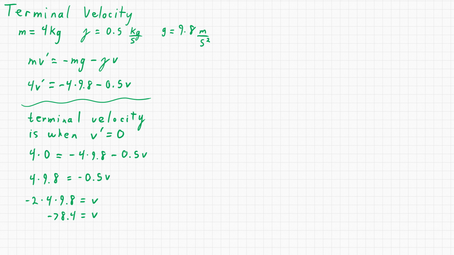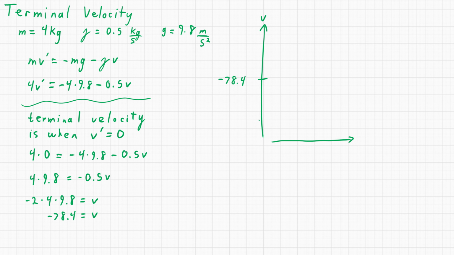All right, so let's just go ahead and draw a direction field, and it's going to be a fairly quick one. So we're not going to care too much about the magnitude of the slope lines. We're just going to care if the slope is positive, so upward slope, negative, so downward slope, or 0, so just a flat horizontal line. So let's go ahead and draw in here the terminal velocity. So that was negative 78.4.